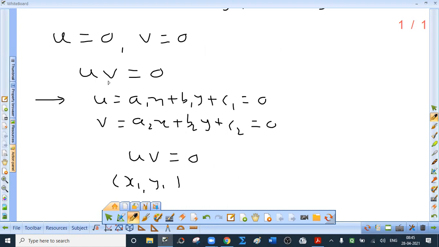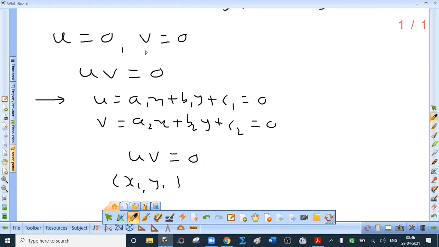So can I say that every point on the line u equal to 0 lies on the line uv equal to 0? Many students say that, but that is wrong, because uv equal to 0 does not represent a line, it represents a pair of lines. So I will just say that every point on the line u equal to 0 satisfies the locus uv equal to 0.